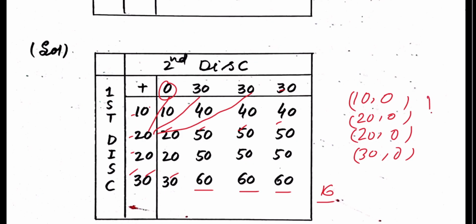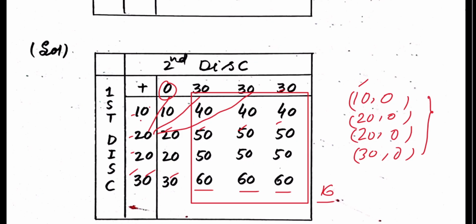In these 4 pairs, you can notice that the first number is greater than 0. It means other than these 4, the remaining 12 outcomes have the property that the first number is always less than or equal to the second number.